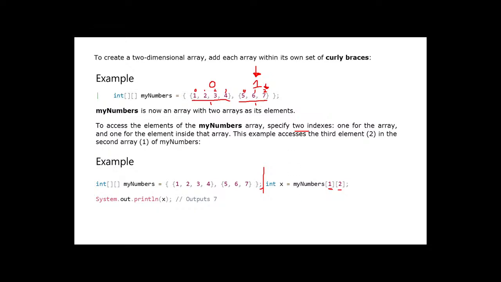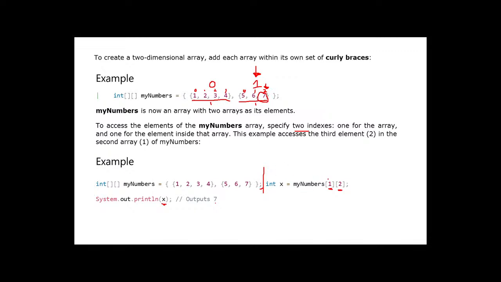So, this is the second element or index 1 and the third element. Okay, the third element of the second array. This is the second array. So, the output of x is 7. Dara siya. Index 1, index 2, that element is 7.